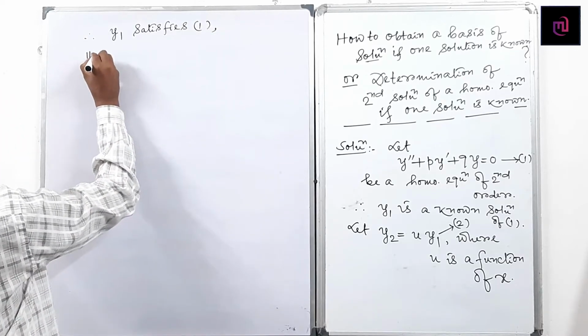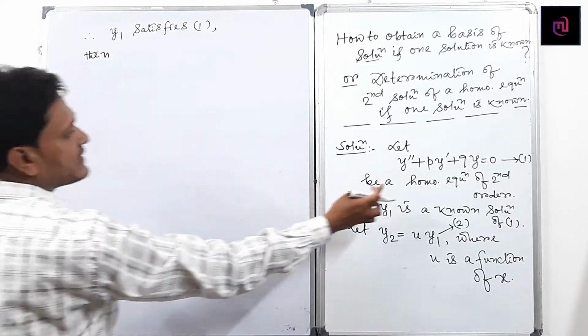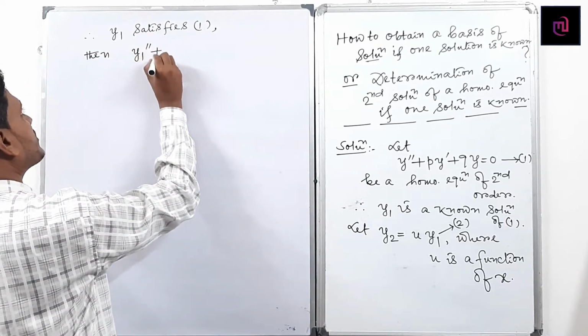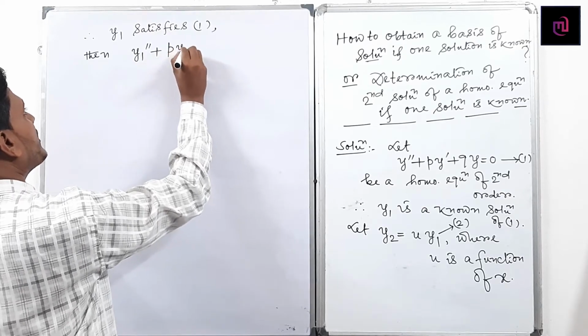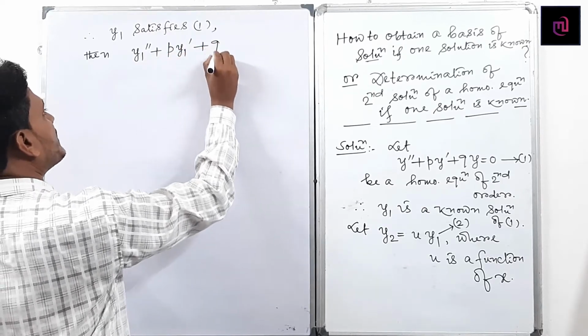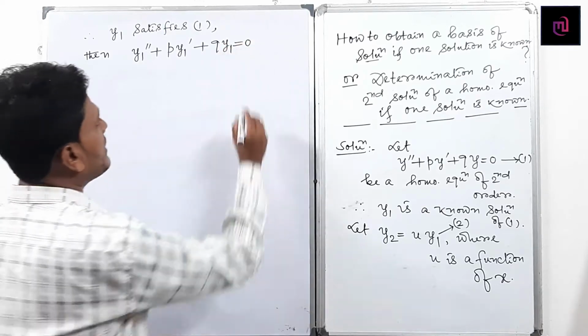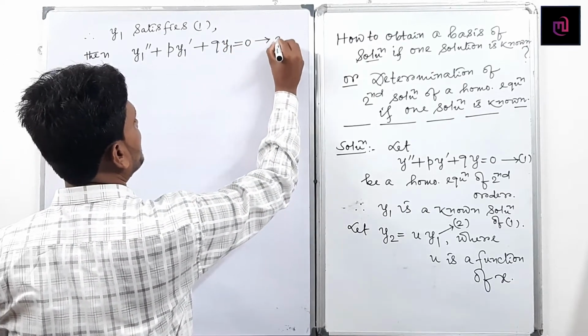Then we can write y1 double dash plus p into y1 dash plus q into y1 equals 0. Number it 3.